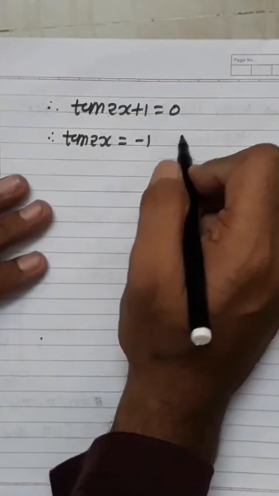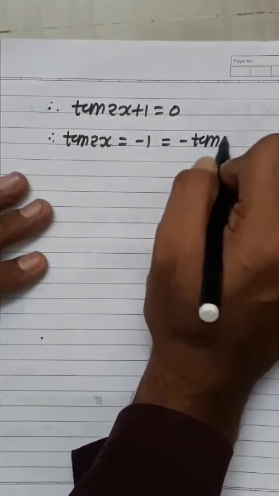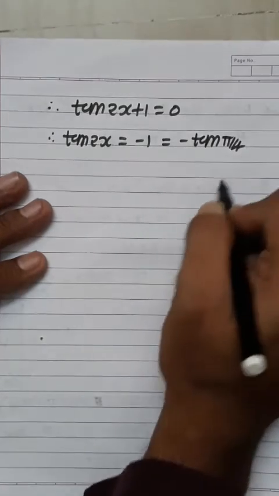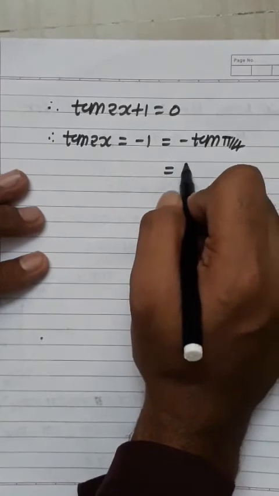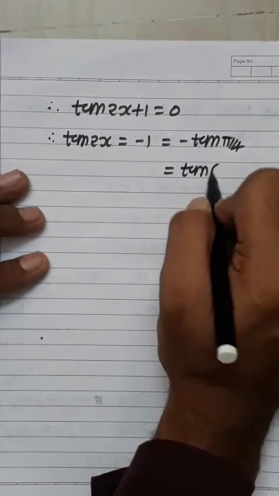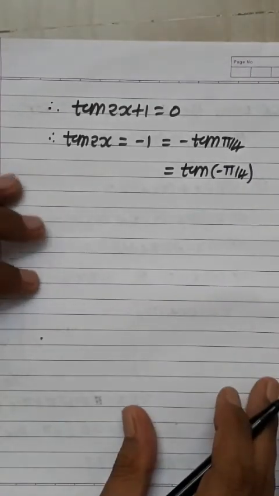Now we know that the value of 1 in place is tan pi by 4, and tan minus theta is equal to minus tan theta. So we can also write tan into bracket minus pi by 4.